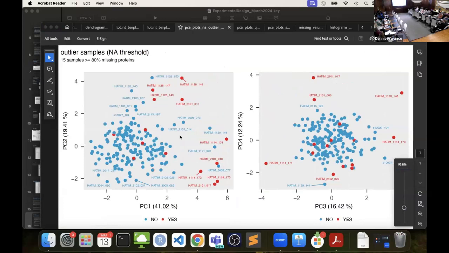So one thing about PCA, and this is just my opinion, a lot of people overutilize PCA, because our assumption is the majority of the proteins don't change. And if the majority of proteins are not changing, that's what PCA is looking for, is separation of variability.